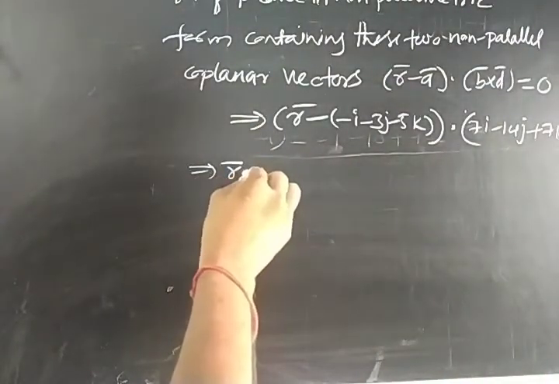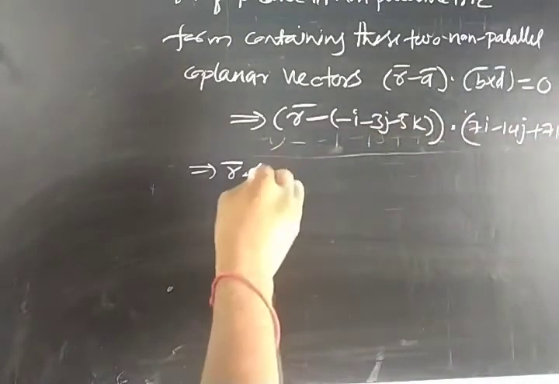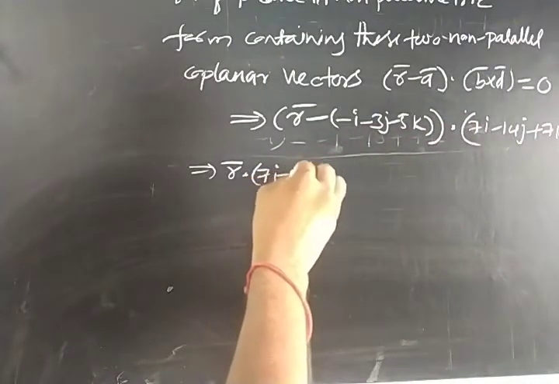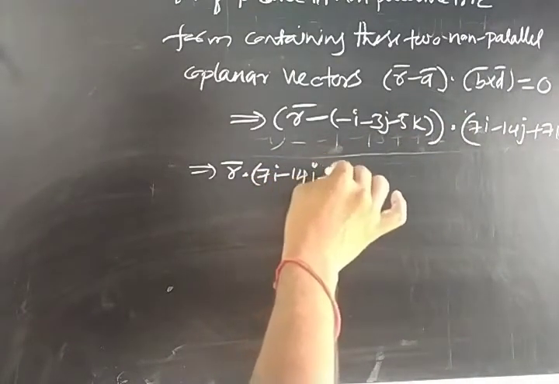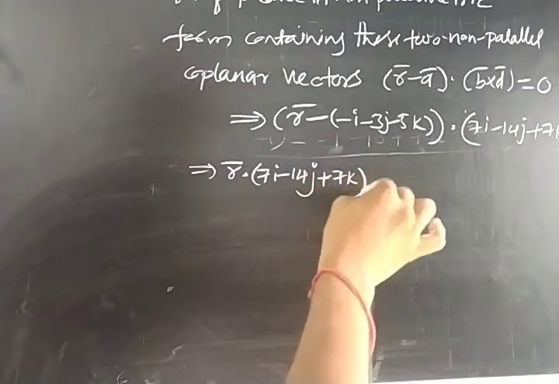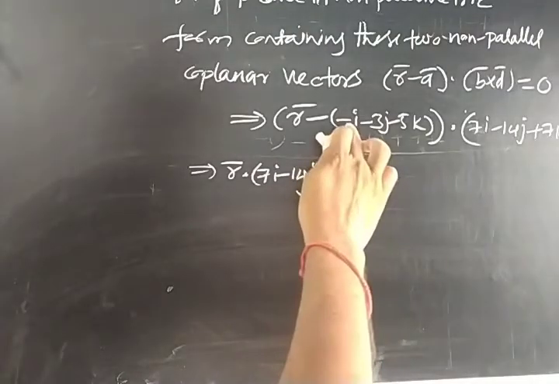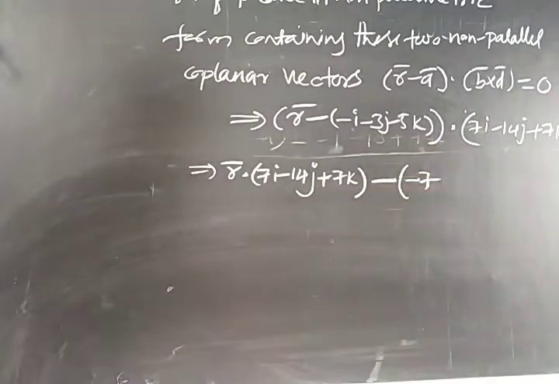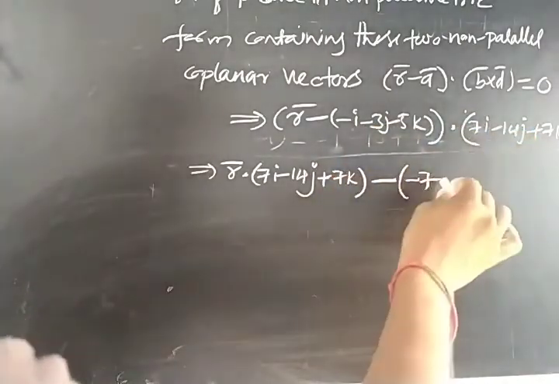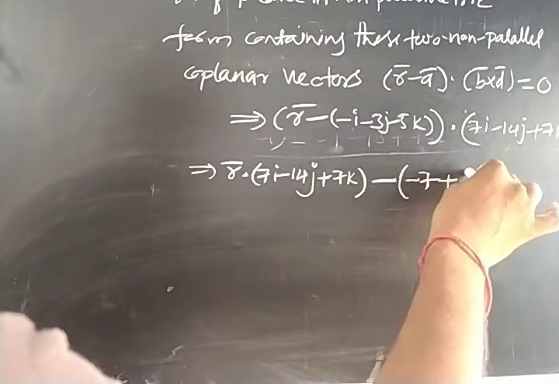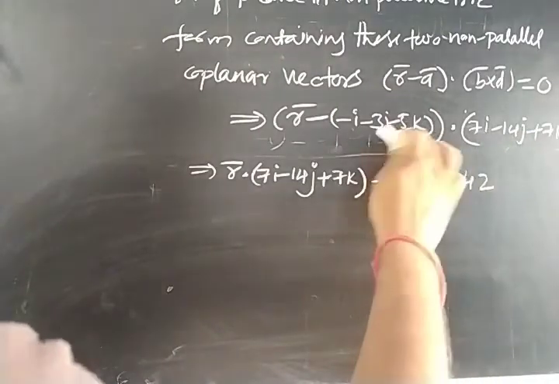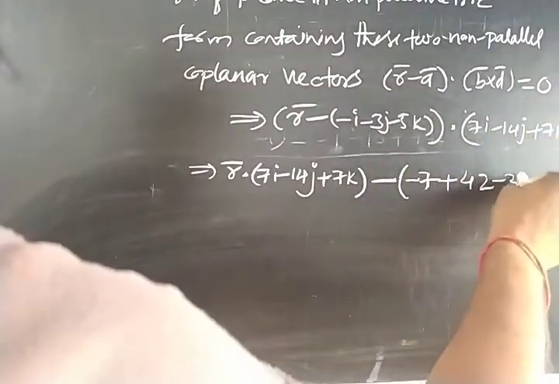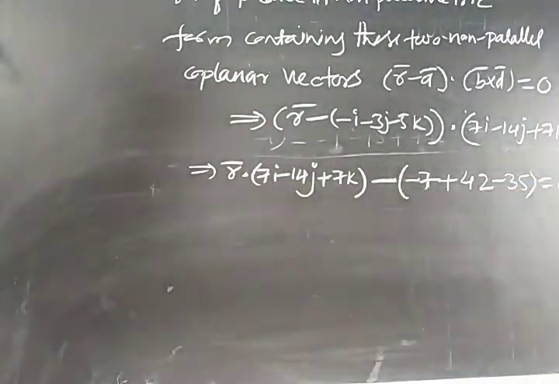R bar dot this vector 7i minus 14j plus 7k, minus the dot product: minus 1 into 7 is minus 7, minus 3 into 14 is minus 42, minus 5 into 7 is minus 35, equal to 0.